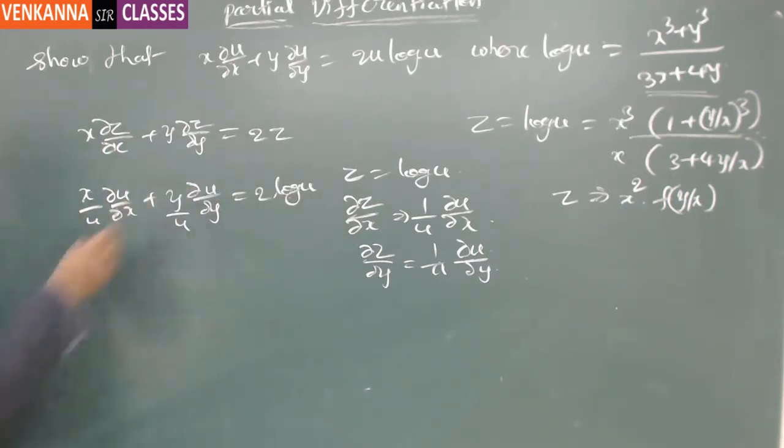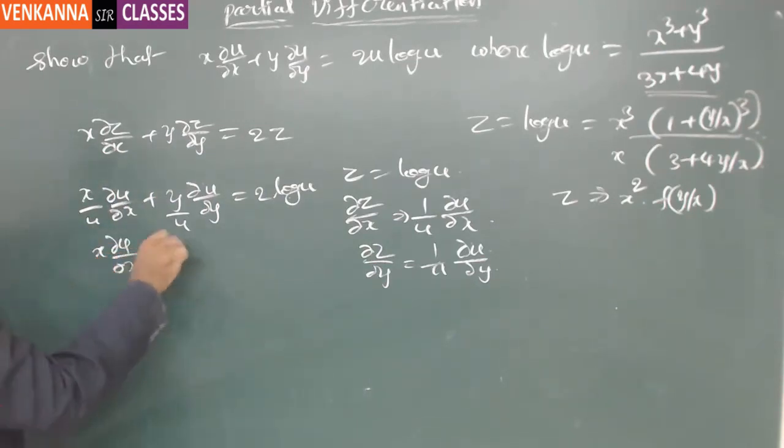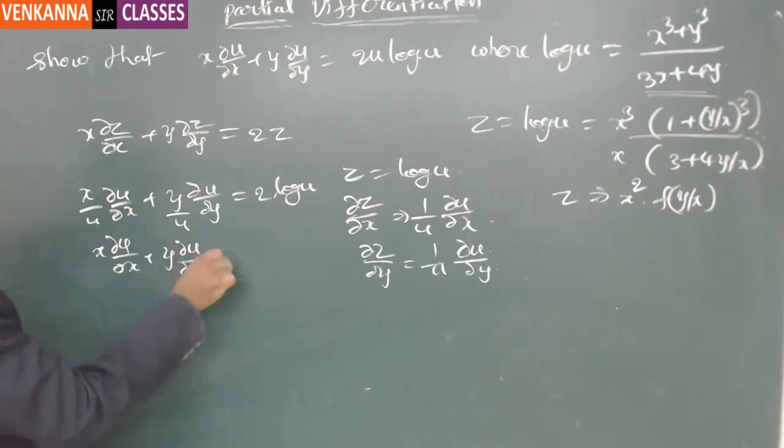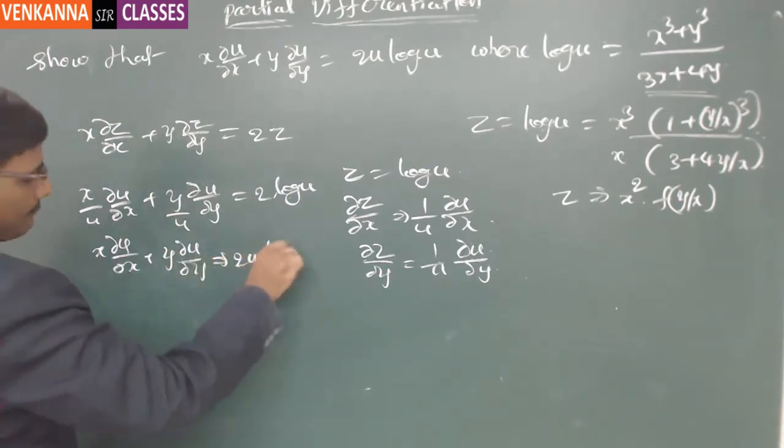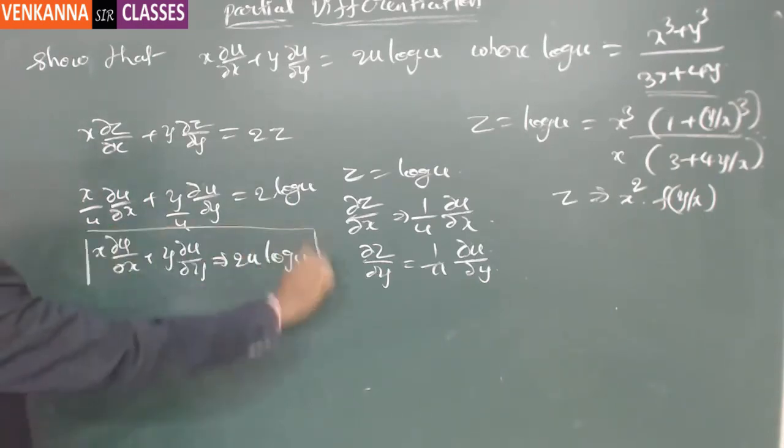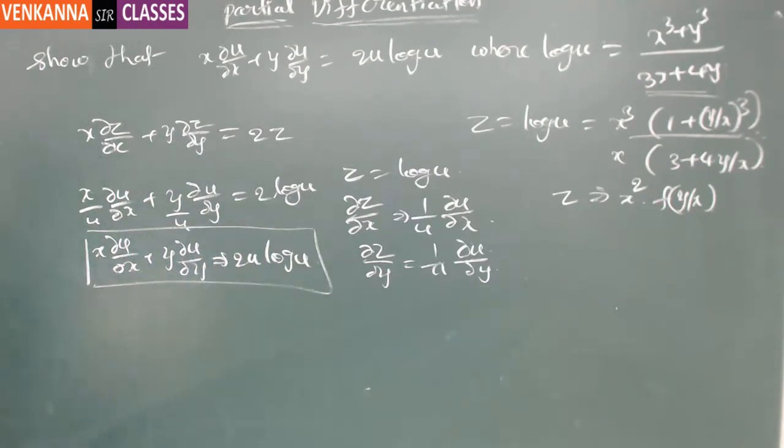Then u we take to the other side. So x ∂u/∂x plus y ∂u/∂y equal to 2u times log u. And this is what we were asked to prove. Got it? Understood?